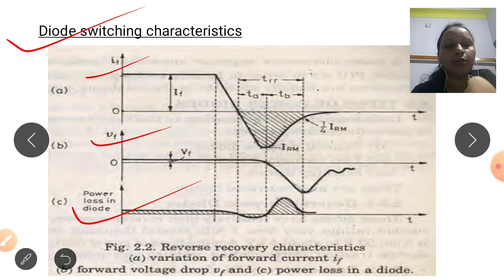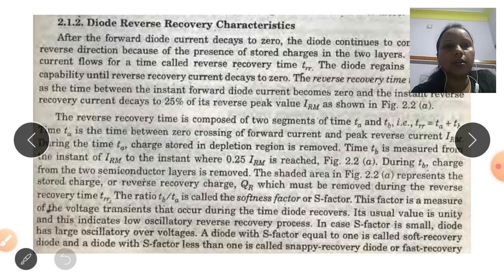This is the diode current. This is the diode voltage, forward diode voltage. This is the power loss characteristics, and these are the description regarding the switching characteristics, which I will explain in this video in detail.